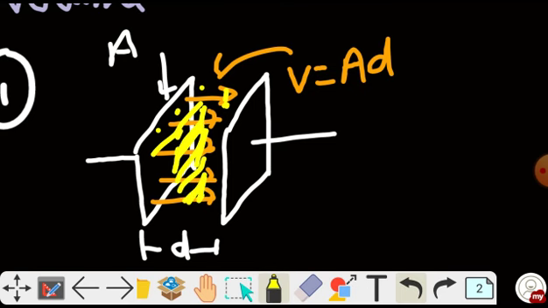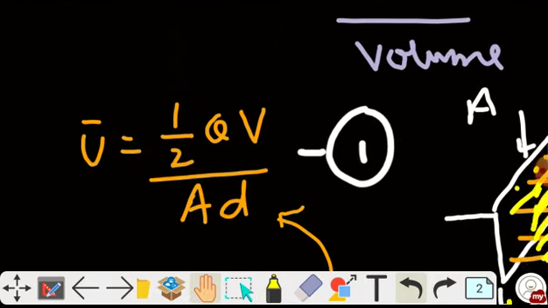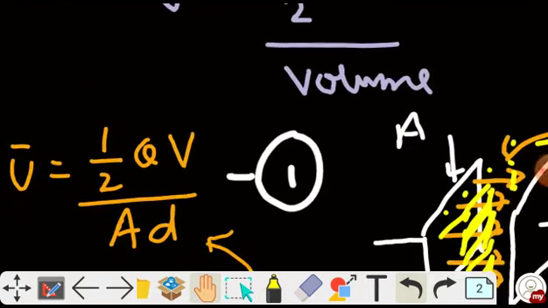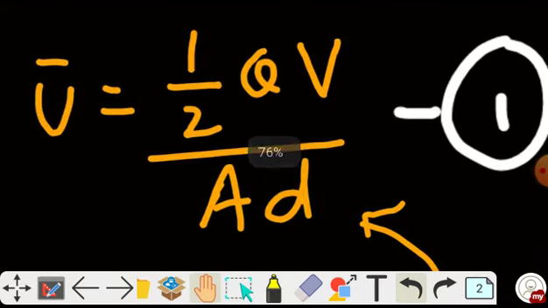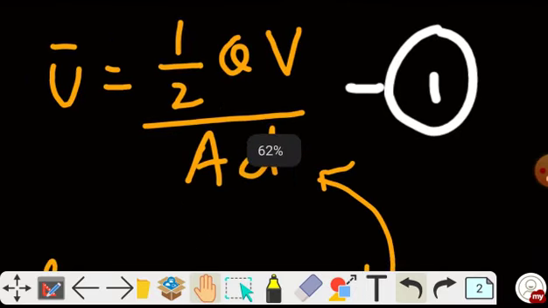Clearly the area of this region is the plate area A, and the thickness of this region is D. That's why the volume of this region between the plates is A into D, where A is the plate area and D is the separation between the plates. So put volume equals A into D here, and the expression will become something like this. Mark this as equation 1.